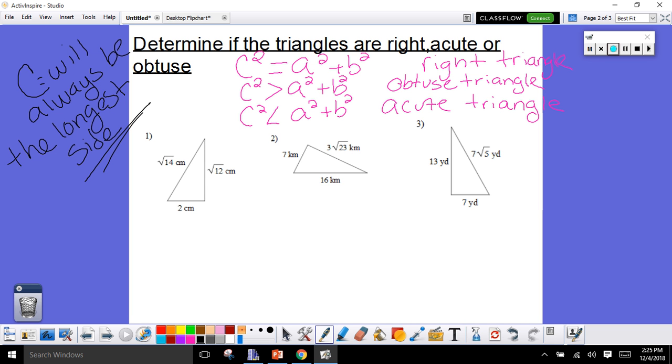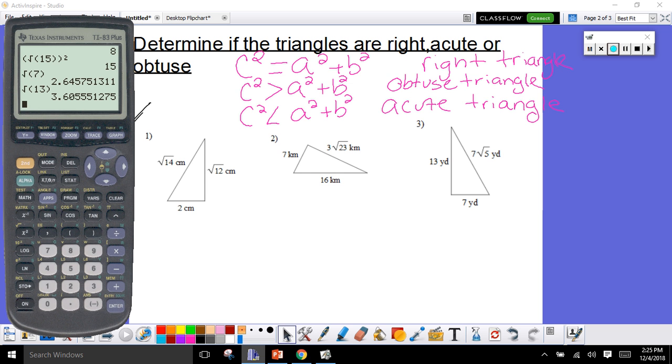So if I look at my calculations, I don't know what the square root of 14 is, so I'm going to take out my calculator and do the square root of 14. That gives me 3.74. That is bigger than 2, so far the square root of 14 is my biggest side. Then, just to make sure, I'm going to check the square root of 12 because I don't know what that equals.